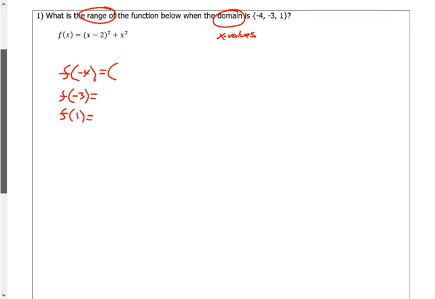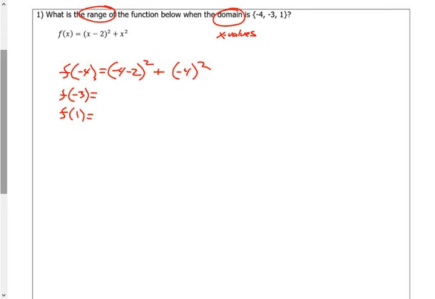So for -4, instead of x, I'm going to do -4 minus 2 squared plus -4 squared. And let's go ahead and solve that. And I'm going to get 36. Let's just go ahead and type that in. I'm going to get 52 as my answer here.